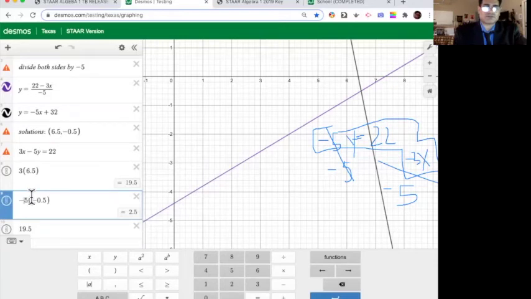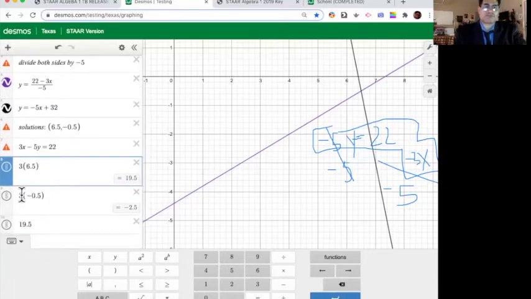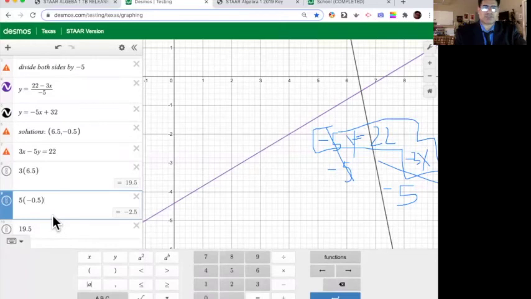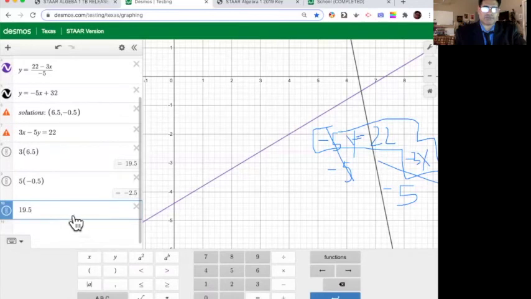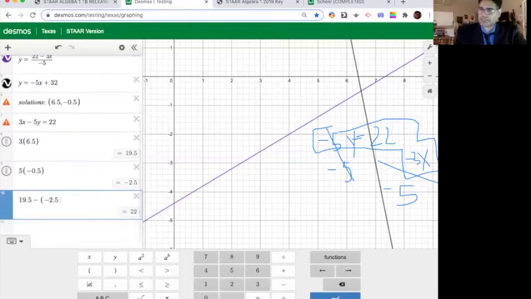Let's take away that -0.5. Ooh, see how confusing this gets? 3 times x, and we're going to eventually take that away from 5 times -0.5. So we have 19.5 minus the 2.5, the -2.5. You see how confusing that can get?